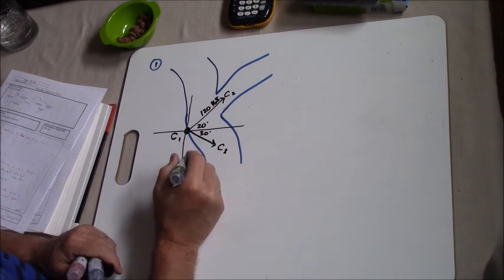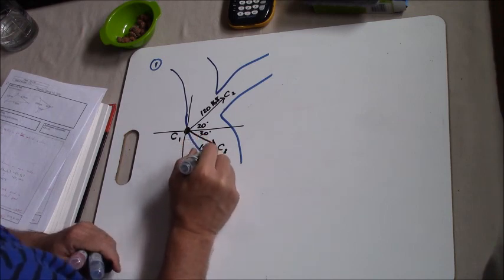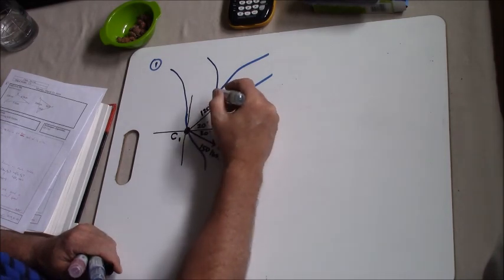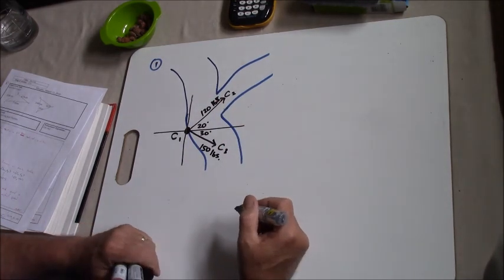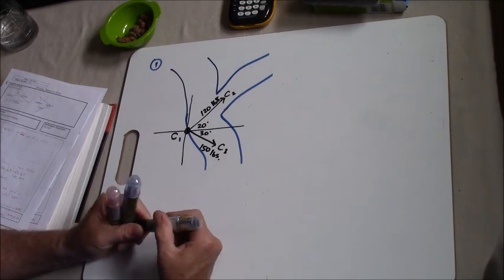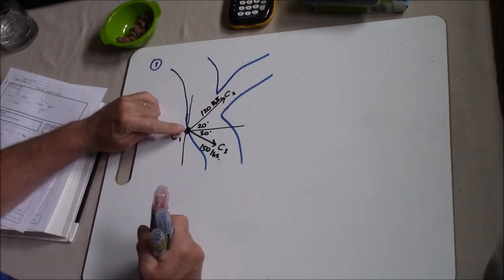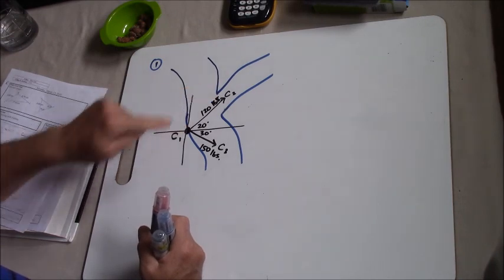This car pulls with a force of 150 pounds of pressure, lbs for pounds. And so the question is, in what direction and with what force, what's the magnitude and direction that car number 1 will go as these two cars pull on it?